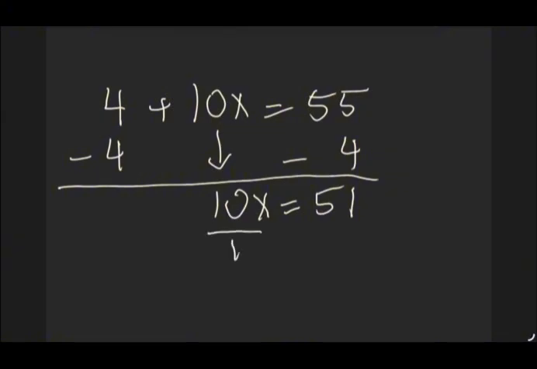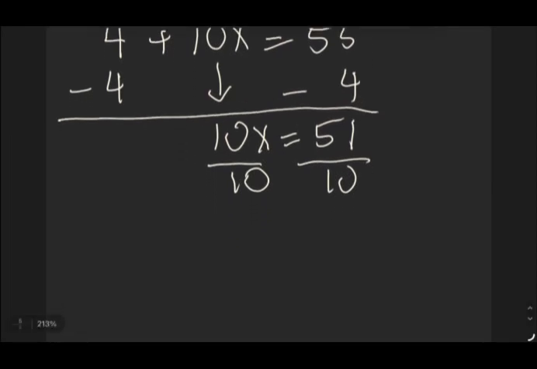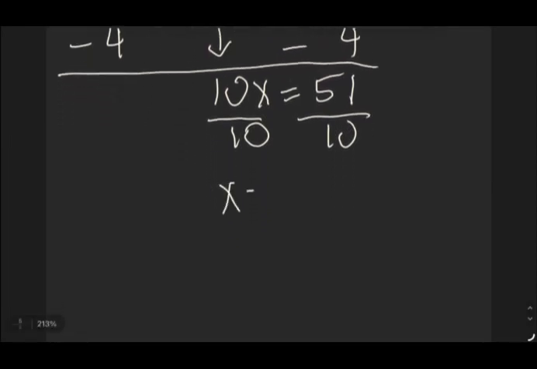Now divide by 10 on both sides. It looks like our answer is in fractional form, 51 over 10, because we can't simplify it further, but we can also turn it into decimal form. That would be 5.1 in decimal form.